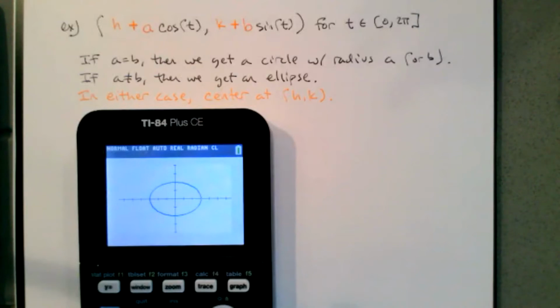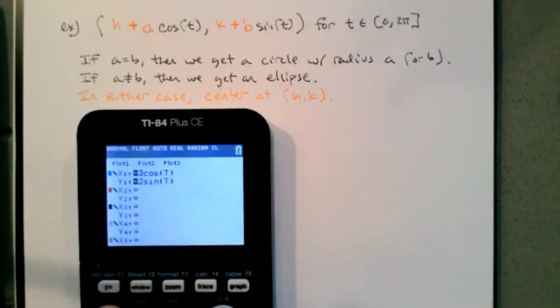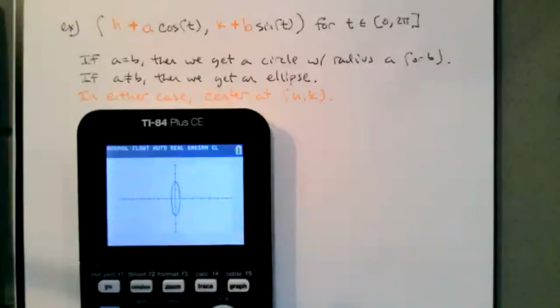So there's multiplication producing a stretch, or I can squish it. So if instead I multiply the cosine by 0.5, that'll squish the circle in.